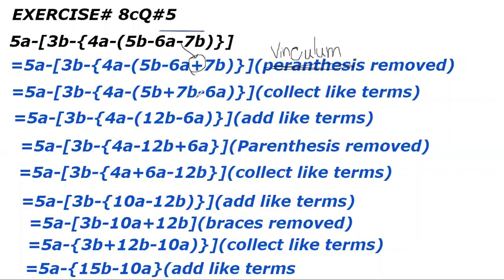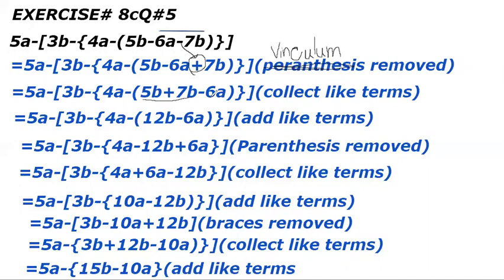Next step, in this step we have to collect the like terms. In the parenthesis you can see the terms are 5b minus 6a plus 7b. Now here 5b plus 7b we will write next to each other, and this is called collecting of like terms.